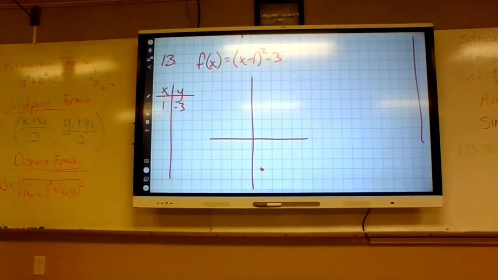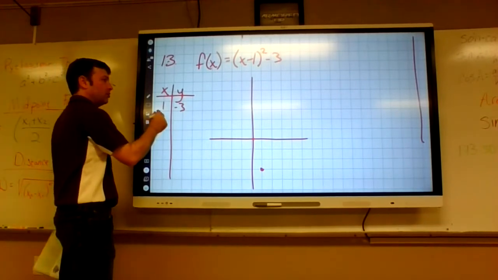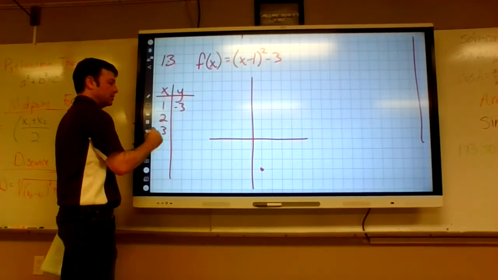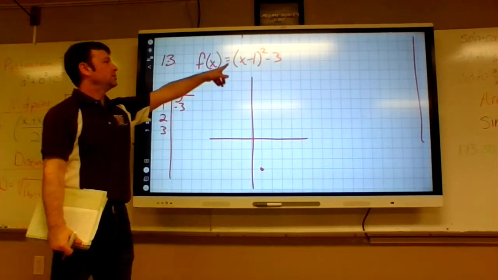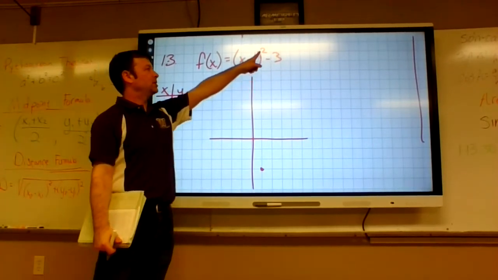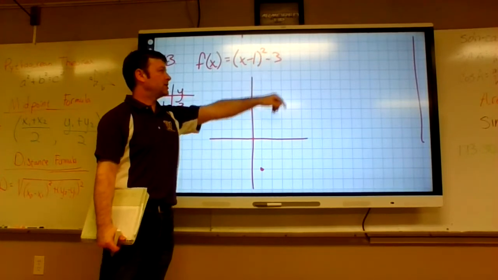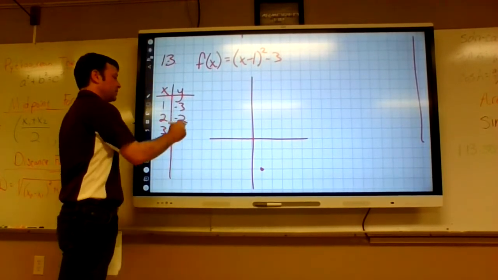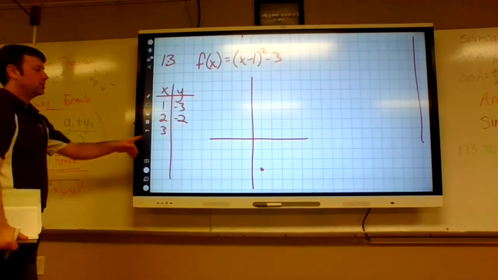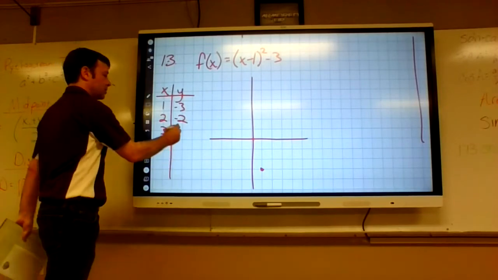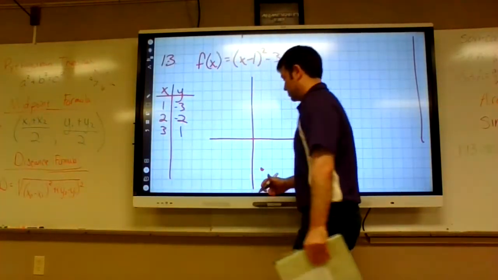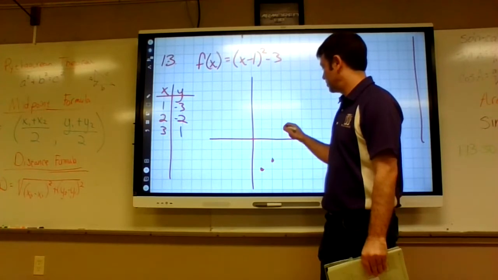Alright, if my vertex is at 1, -3, what's another couple x values? 0, -1, or 2, 3. I chose those because usually positives are less confusing for people. So if we plug in 2, 2 minus 1 is 1, squared is 1, minus 3 is -2. 3 minus 1 is 2, squared is 4, minus 3 is 1. So 2, -2 and 3, 1.